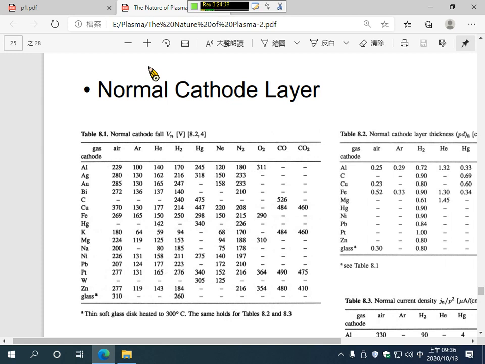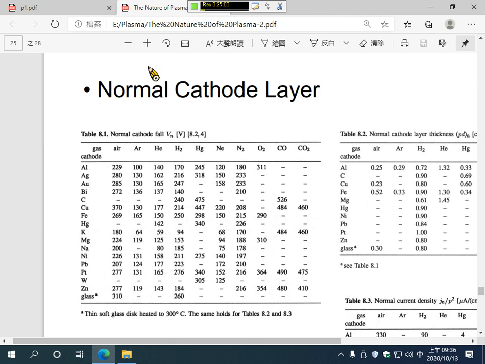Okay. And nitrogen and oxygen are difficult to ionize, compared to the inert gases. So if you want to generate a pure nitrogen plasma, it's not very easy.